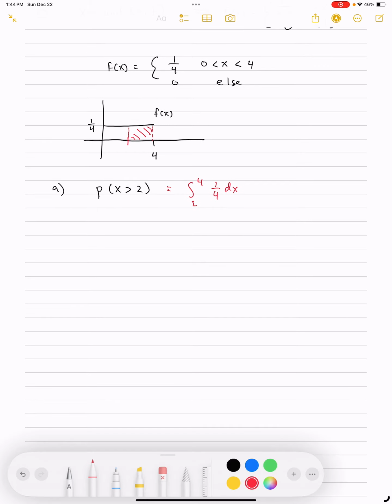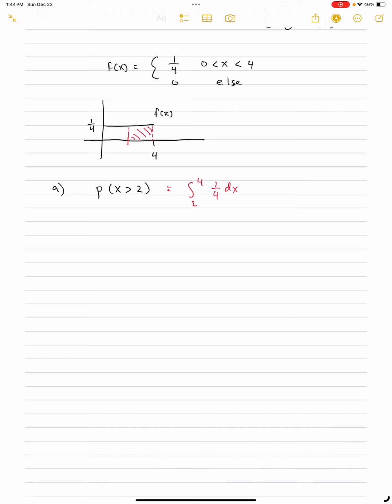And intuitively, since that's half, and this is a constant function, half of the total probability, we believe this should be 1/2 of the probability. So automatically, we already know this calculation is 1/2, but we're going to verify it by calculating the integral.